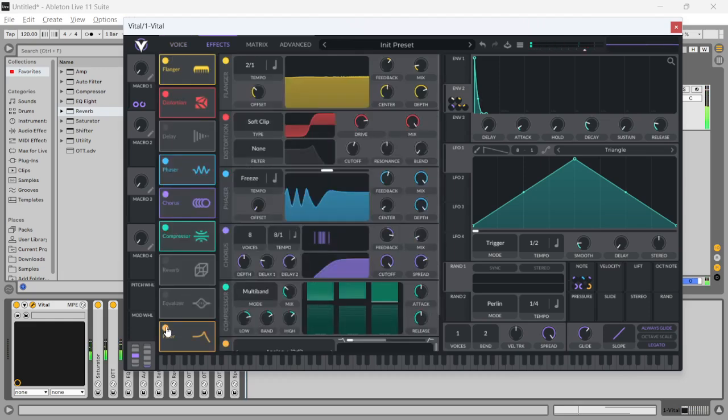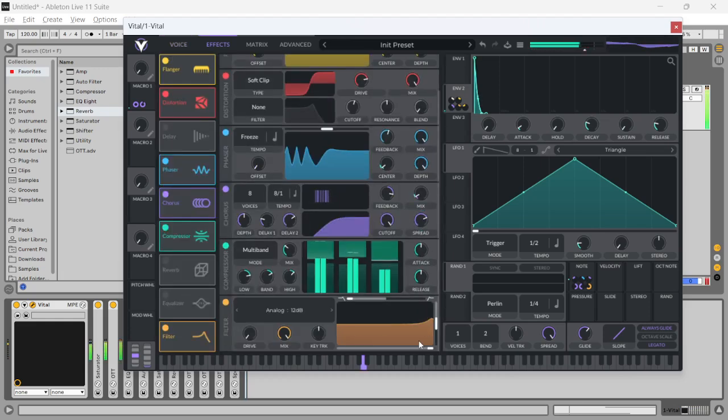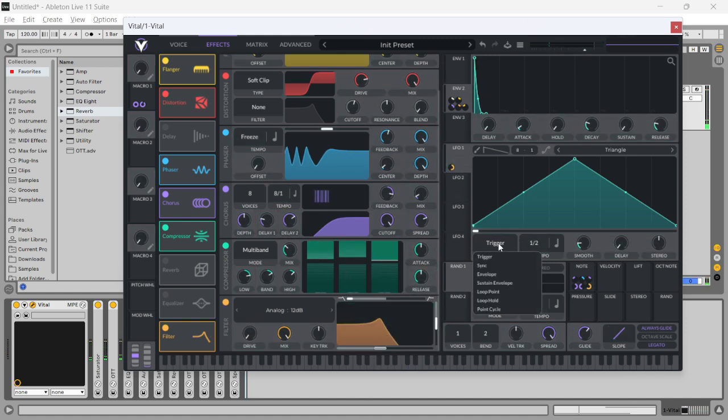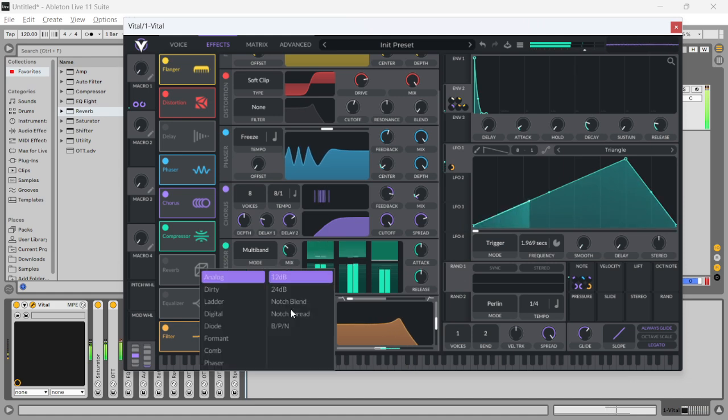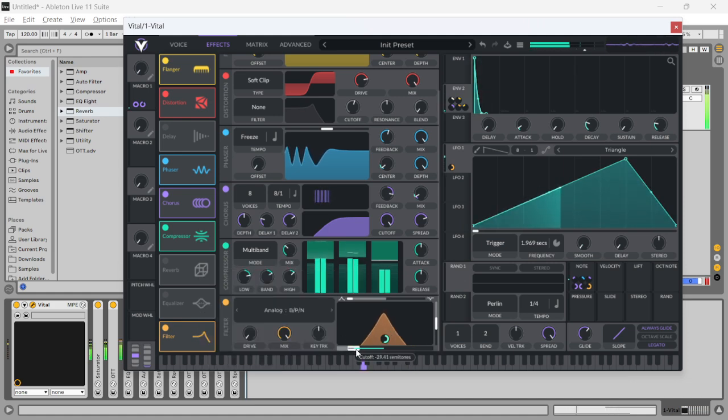And also, why not? Because like I told you that I would show you. So take the LFO. Trigger is fine, but you don't do it. And you can turn this.